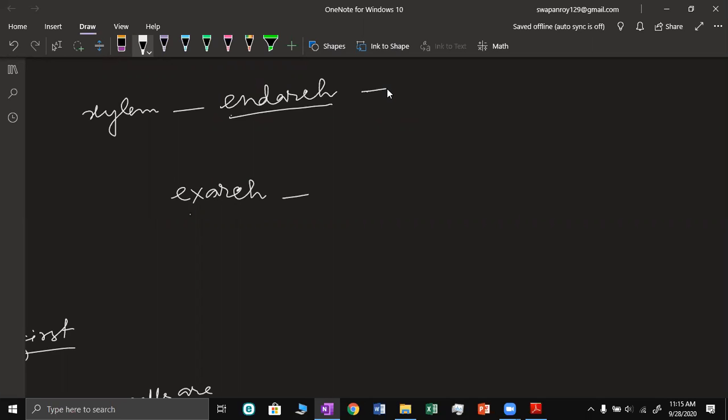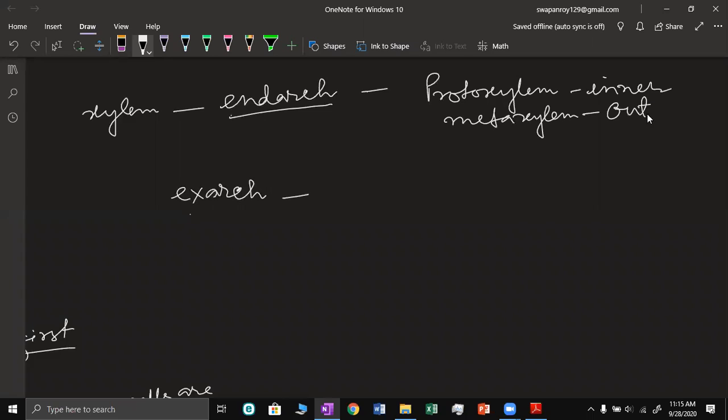In the endarch condition, protoxylem is inner and metaxylem is outer, that is, protoxylem on the inner side and metaxylem on the outer side.